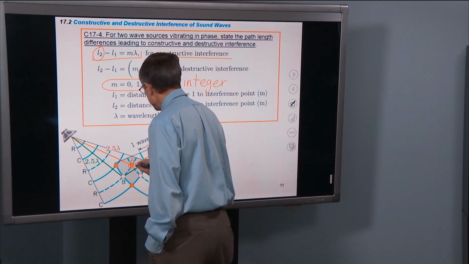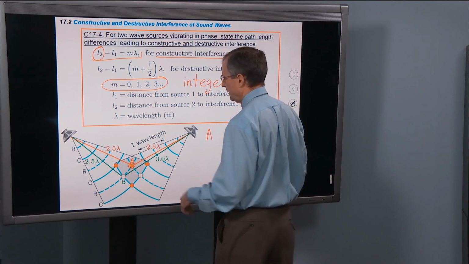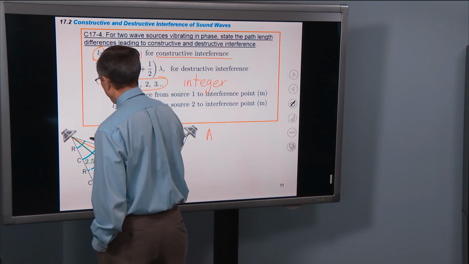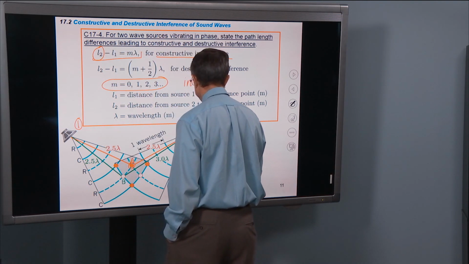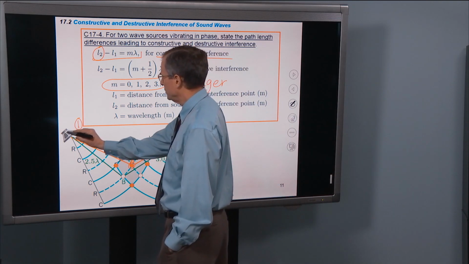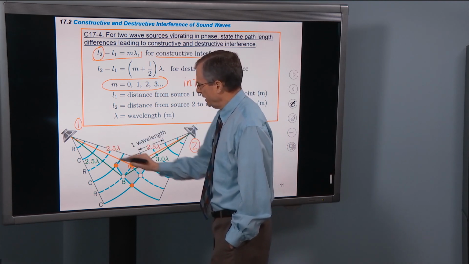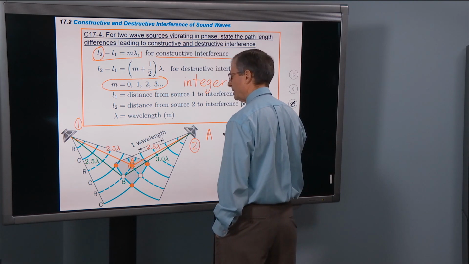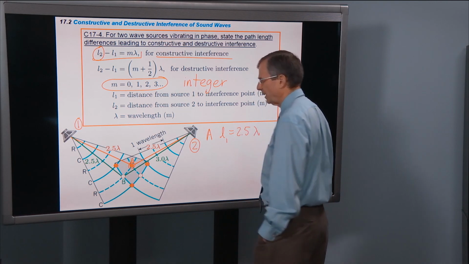So let's look first at this particular point, point A. For point A, let's call this L1, the speaker number 1, and this is speaker number 2. For point A, L1 is the distance between this speaker and this point. And that distance is 2.5 wavelengths. So L1 is 2.5 wavelengths.